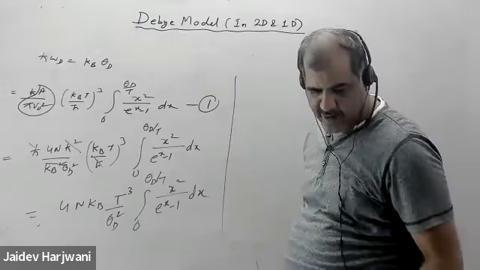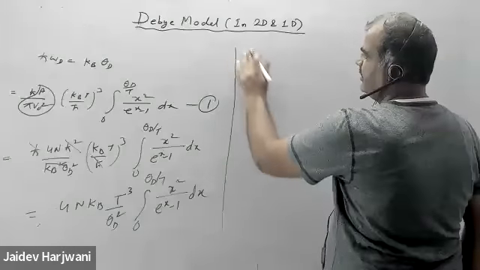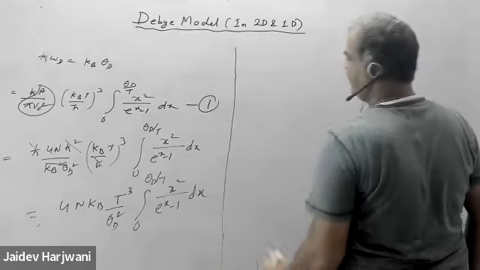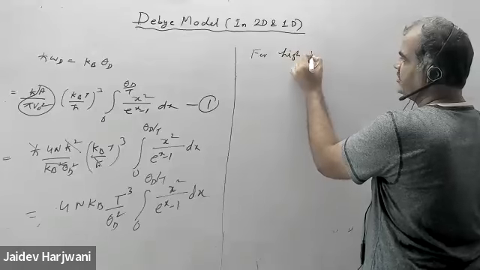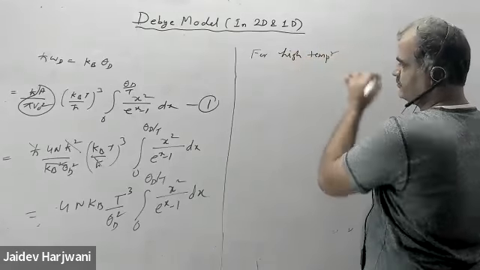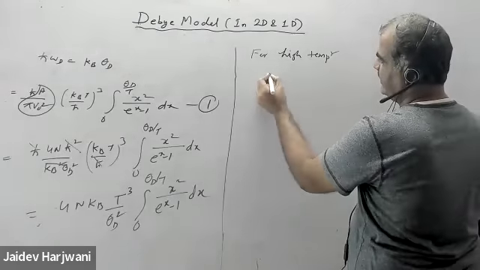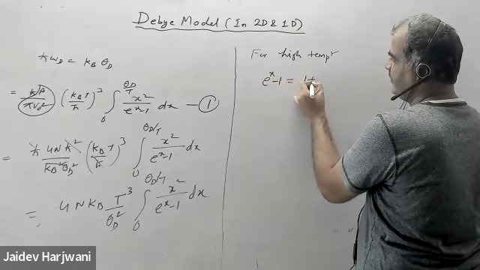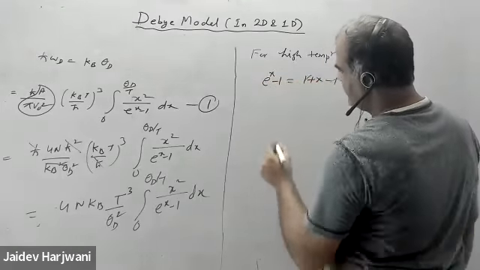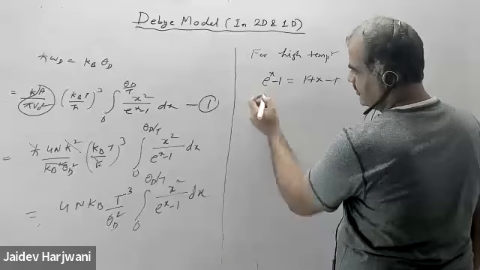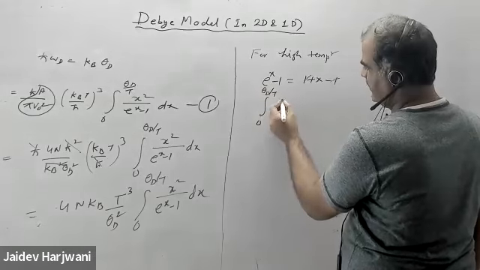What about the others? Okay, now we have to solve this for high temperature and low temperature. For high temperature it is easy. For high temperature, we can write e^x minus 1 is equal to 1 plus x minus 1, the same way we did earlier. So what will this integration be, from 0 to theta D upon T, of x times x square over x, which becomes x dx.